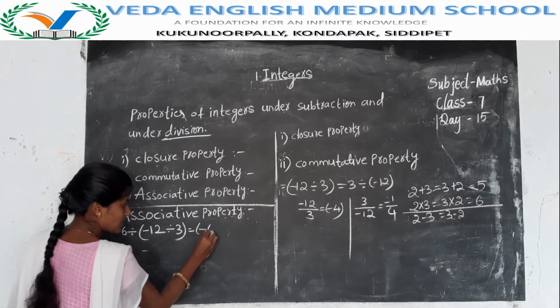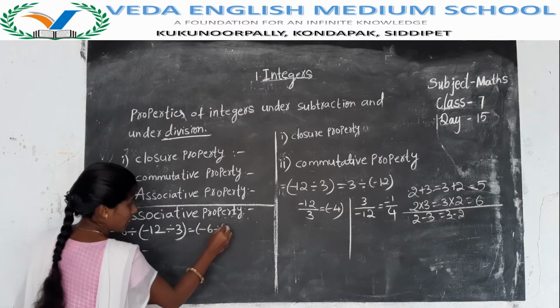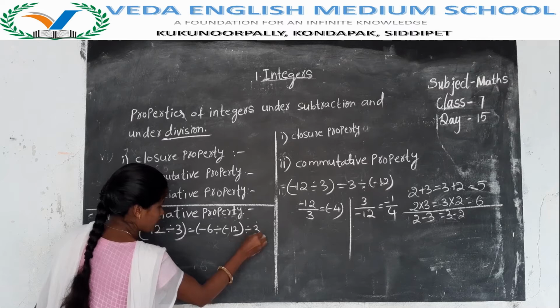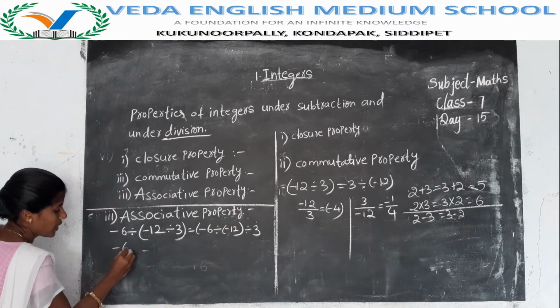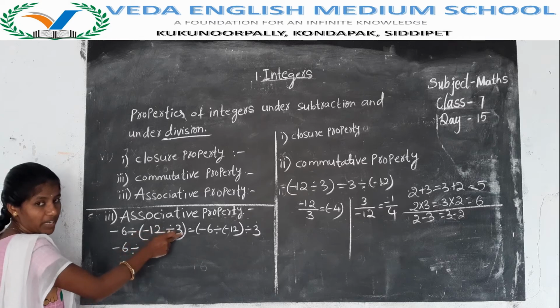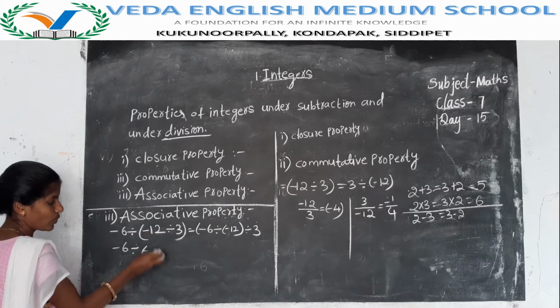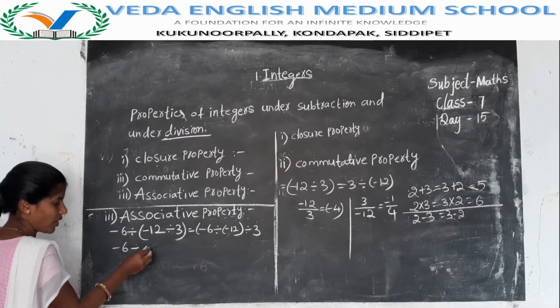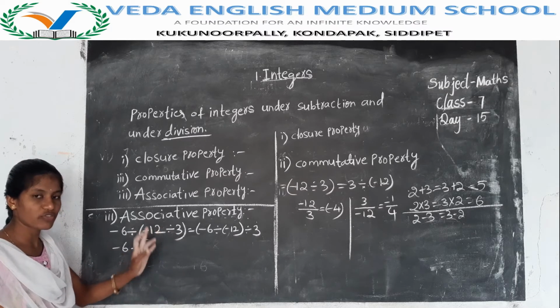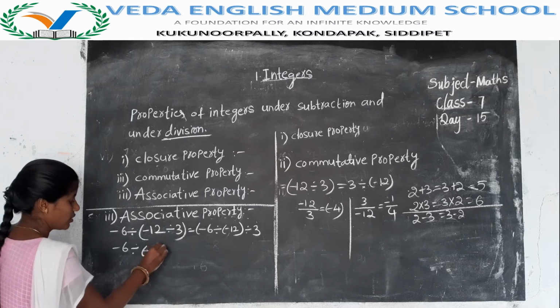Then minus 6 divided by minus 12, last one divided by 3. Here for 12 we have minus, so in the answer also you get minus. In the 3 table, 12 is possible, that is 4 times. So 3 fours are 12.